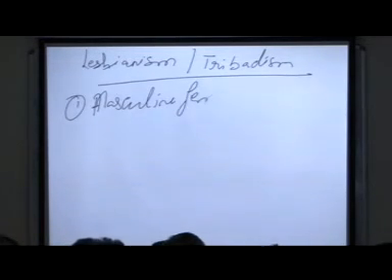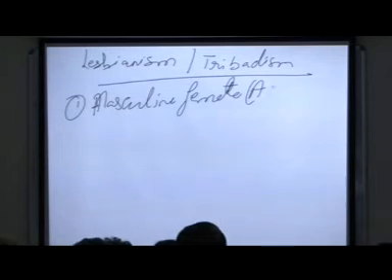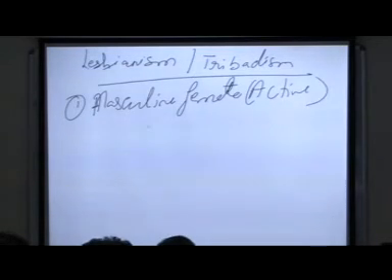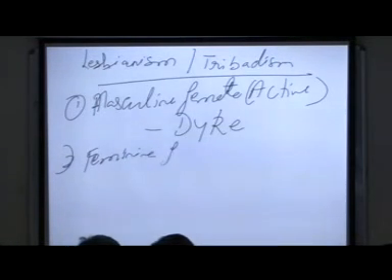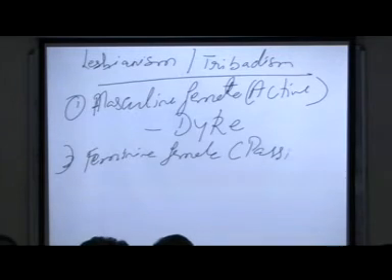The masculine female, who is the active partner, is called Dyke, and the feminine female, that is the passive partner, is called Fem.